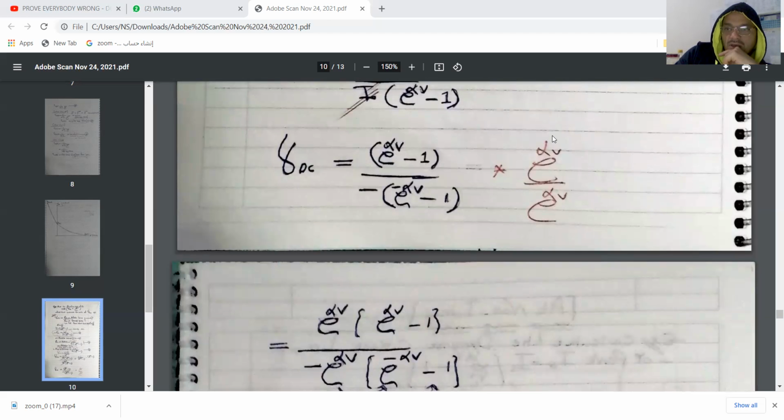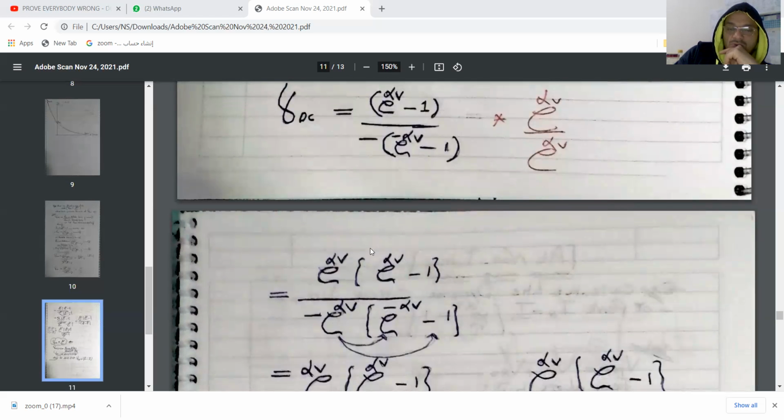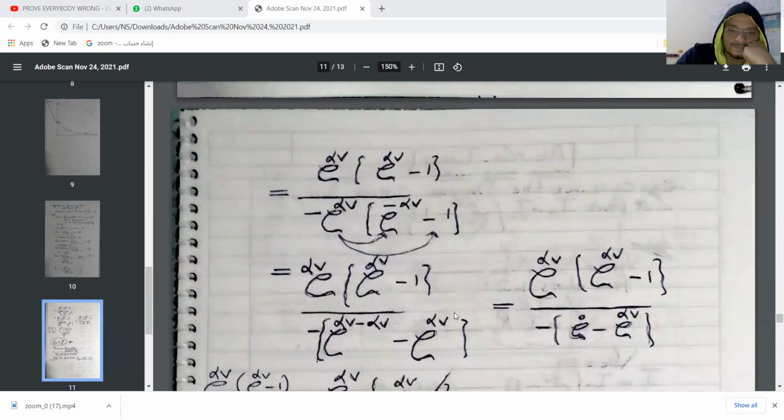Let's take this side, the last result, equal to 1, and try to simplify this equation to make it easier. It will be exponential alpha V between two brackets, exponential diode constant V minus 1, over minus exponential alpha V, something like that.